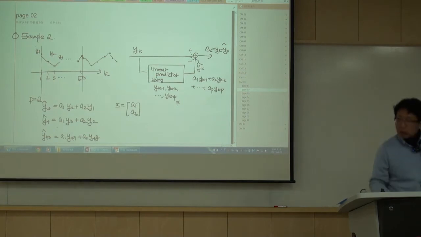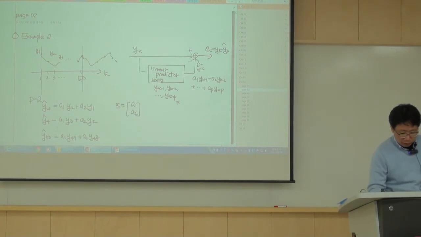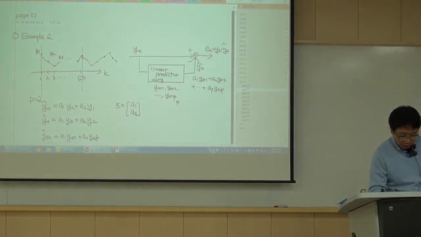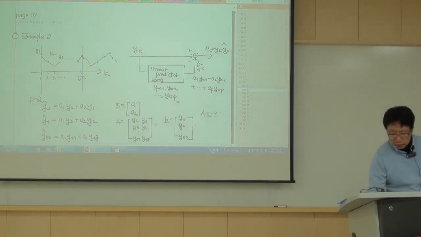So let's say this is x, the parameter vector. Then what? You can choose A as y2, y3, and b as y3, y4, ..., y50. And in the ideal case, this is 0.